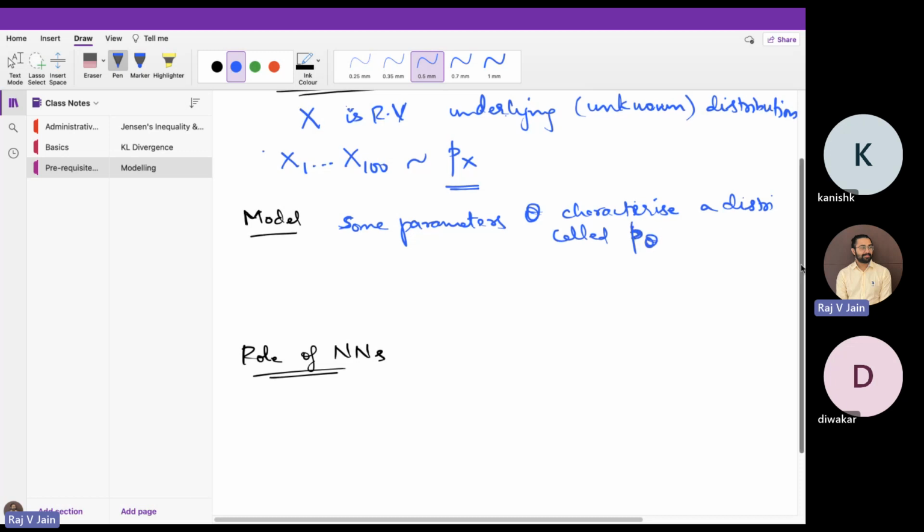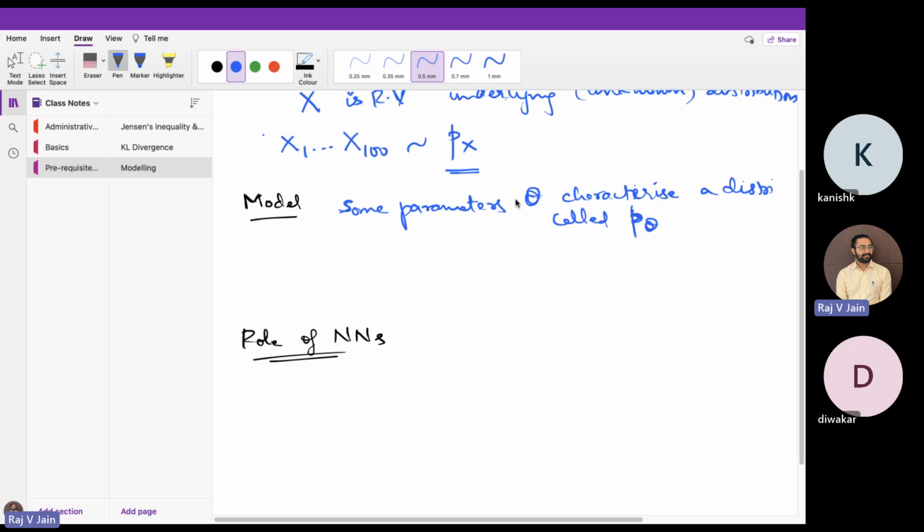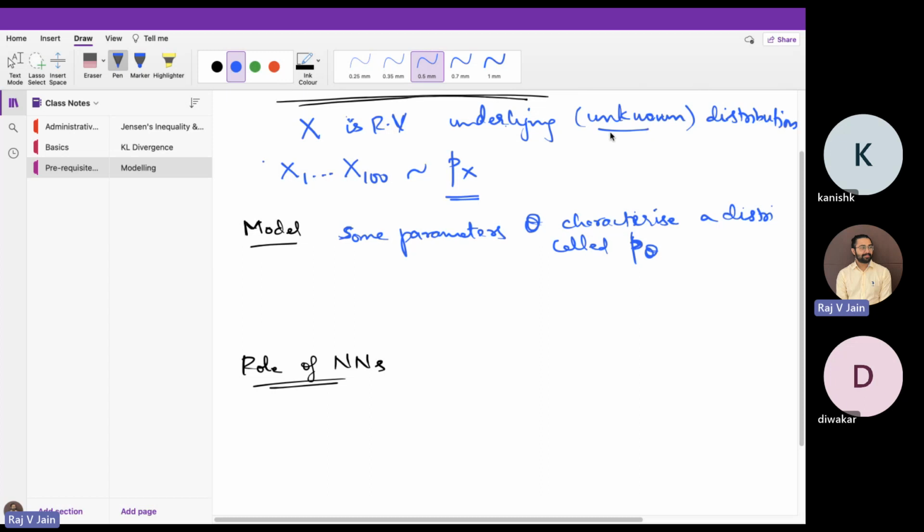So our goal is that we want to make these two distributions, px and p theta, very close to each other. Because we don't know the exact form of px, we'll approximate it with some p theta, and while approximating, we want our approximation to be as good as possible.